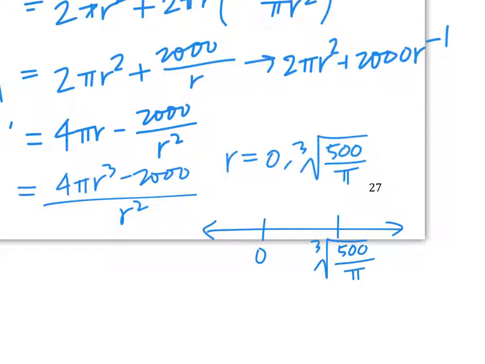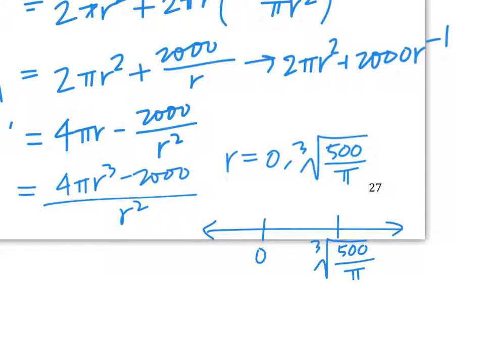Don't make the can. That makes no sense. So just put them on there to draw your sign chart, but don't use 0, okay? And then obviously there's nothing less than 0. You cannot make negative amount of cans. Okay, so go ahead and draw your sign chart and figure out which R is going to minimize the cost of the can.